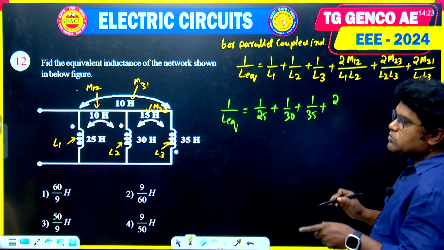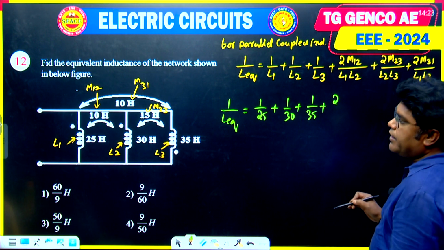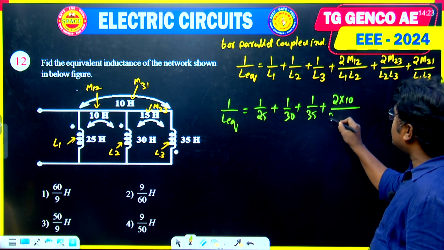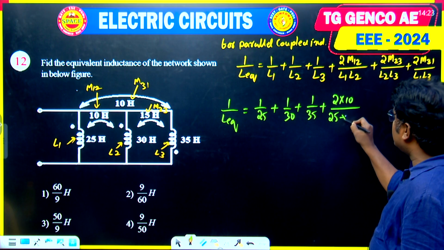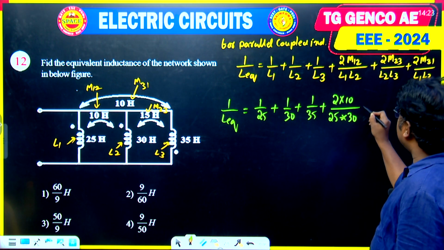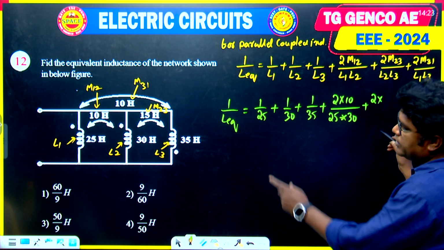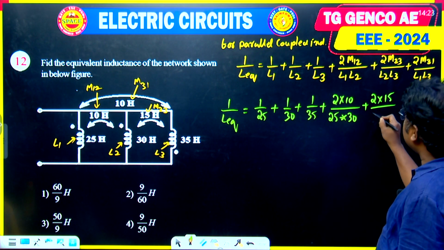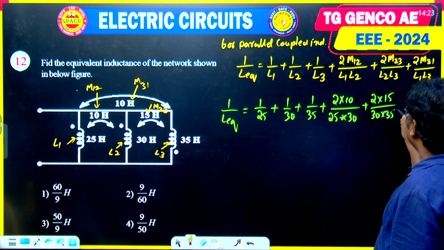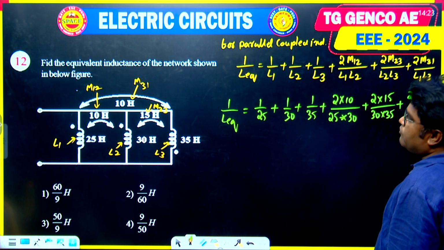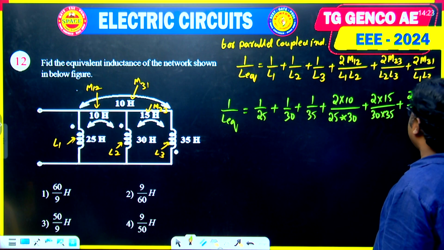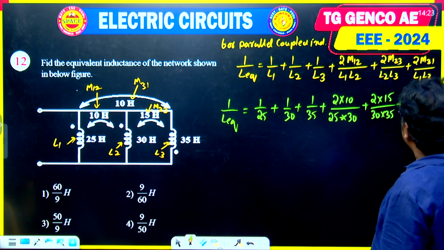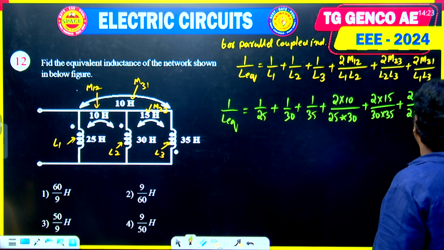M12 is the mutual inductance between the first coil and the second coil, so 2 into 10 divided by L1 L2, that is 25 into 30, plus 2 into M23, between coils 2 and 3, that is 15 divided by L2 into L3, that is 30 into 35, plus 2 into M13, that is 10, divided by L1 which is 25 and L3 which is 35.